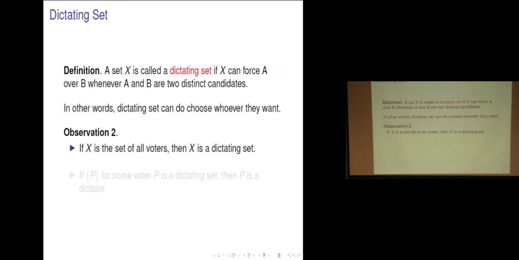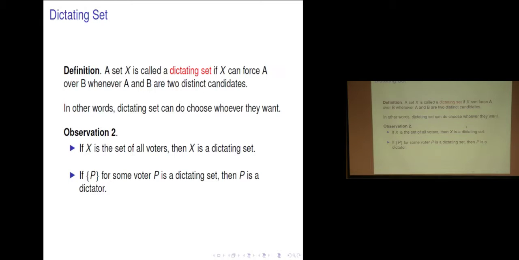If X is the set of all voters, of course they can decide, because collectively, all voters should have the power to choose whoever they want. That is reasonable. So this is the biggest dictating set. Everybody is included.